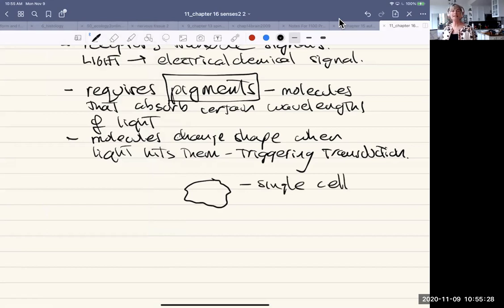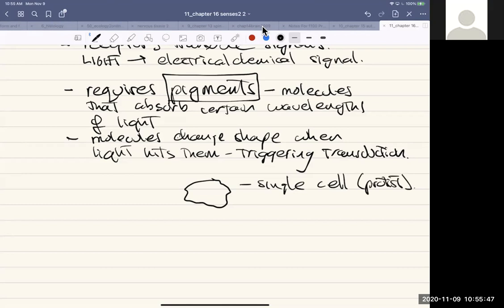This is one that exists today. There's many single-celled organisms that exist today in water, in the oceans and lakes and rivers and anywhere where there's water. So this is a single cell, a protist, known as this one we'll say as a euglena.